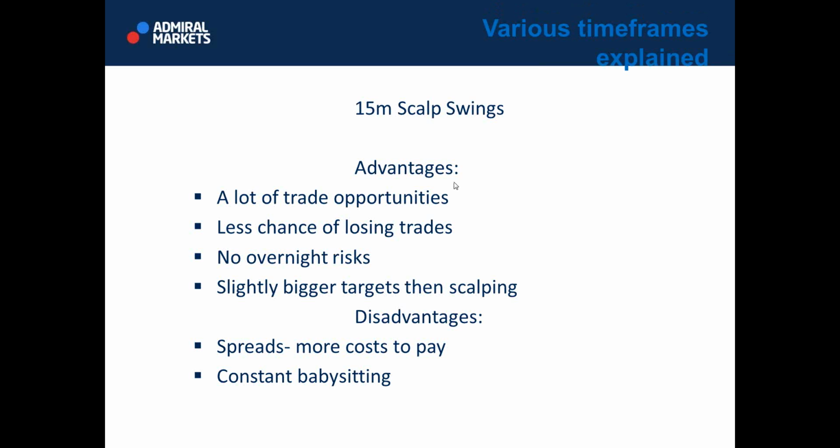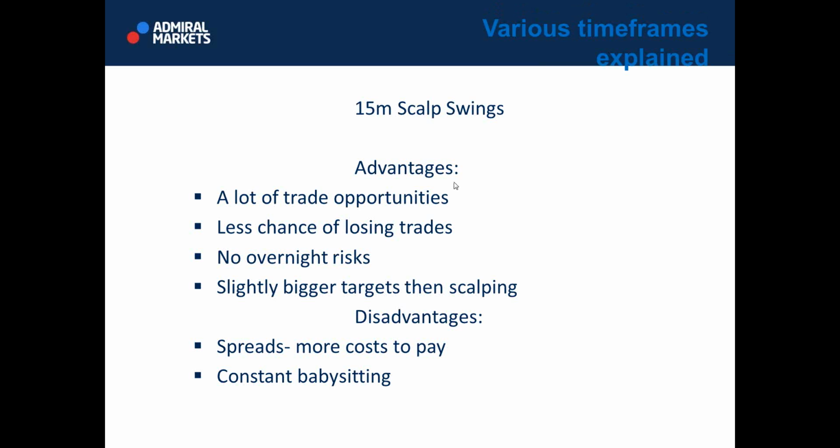Okay, 1 hour intraday. The advantage of 1 hour intraday positioning is that it's suitable for both full-time and part-time traders. Again, there is less chance of losing trades, because you will be holding for 1 or 2 or 3 days maximum.